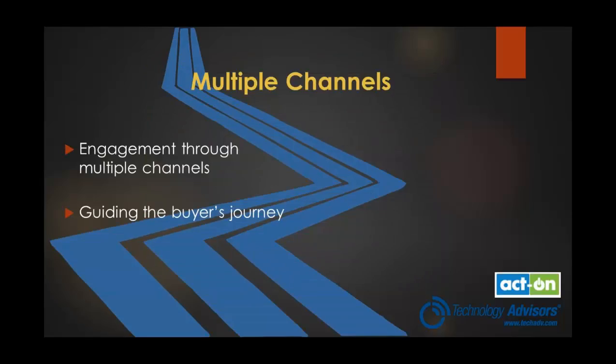Multiple channels. Certainly Act-On software, any marketing automation platform worth its weight in salt, is going to allow you the ability to market across all channels. A channel being email, a channel being your website, a channel being social, right?